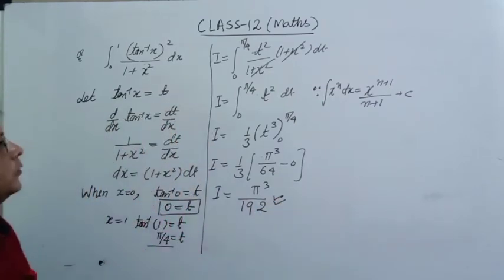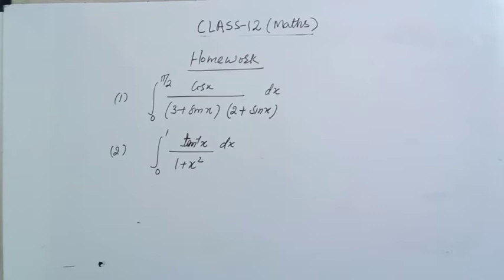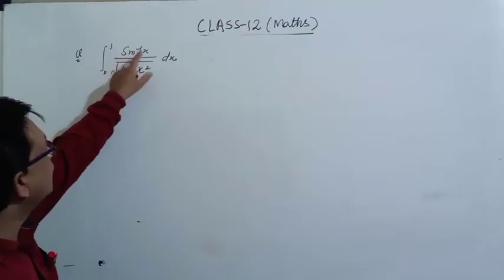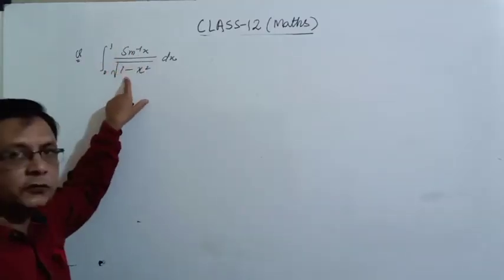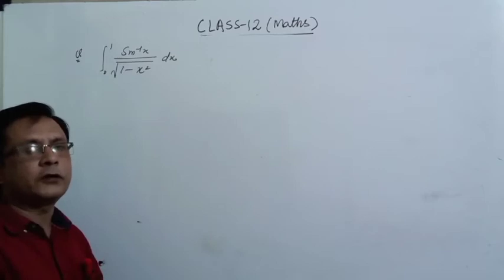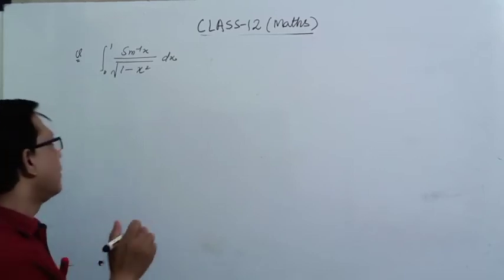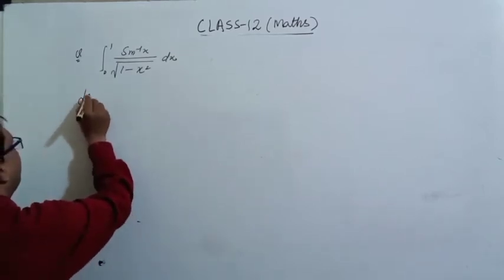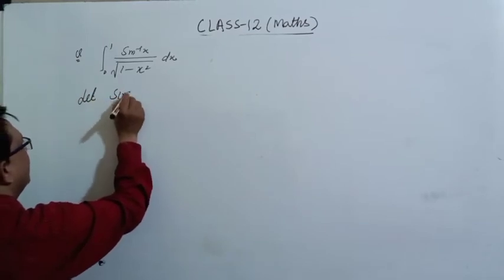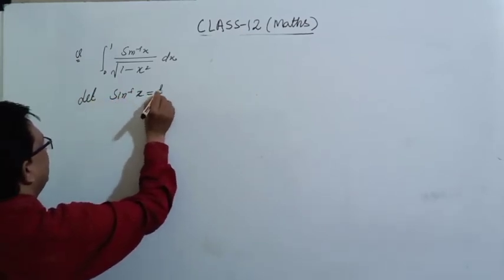So student, note this question. The derivative of sin inverse x is this. So we substitute sin inverse x is equal to t. Let sin inverse x be equal to t.